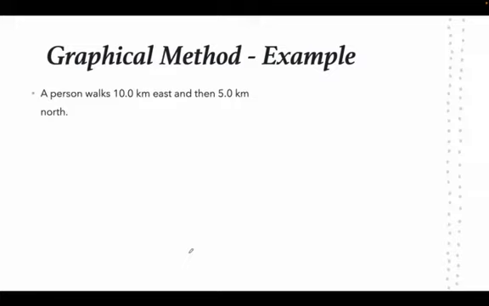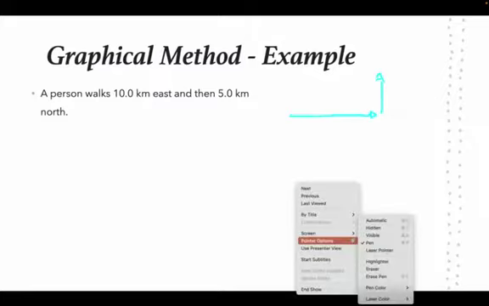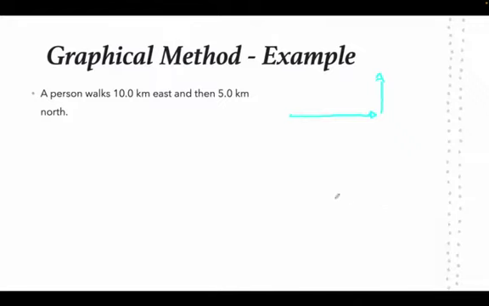Now, another example would be something like this. A person walks 10 kilometers east and then 5 kilometers north. So I would do 10 kilometers east, 1, 2, 3, 4, and then from the end of the first vector, I will draw the second vector, right? Half the size because it's half the length. And then my resultant vector would be from the beginning of the first vector to the end of the second vector.